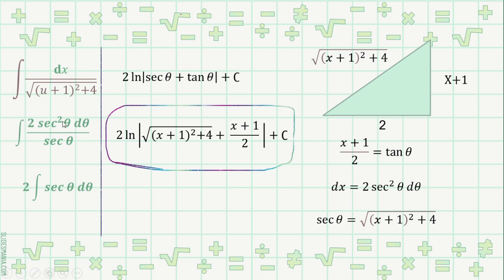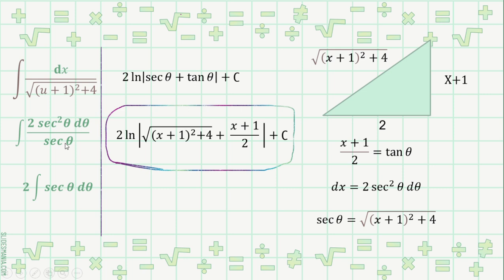Then we substitute dx in the numerator and the secant in the denominator. dx is 2 secant squared theta d theta, and secant theta is the denominator. We can move the 2 to the left, and secant theta divided by secant squared theta gives secant theta d theta.